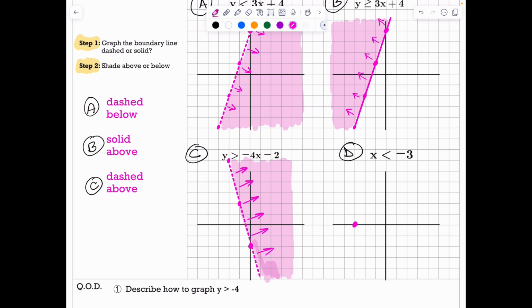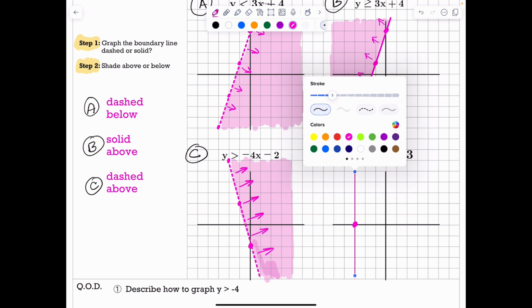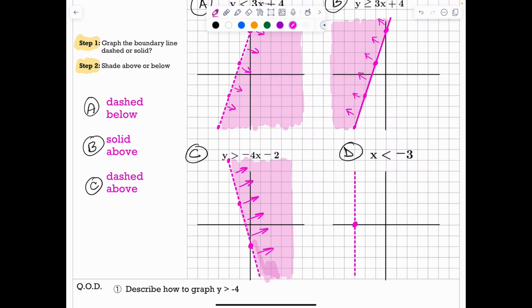Dashed or solid? Dashed. Right or left? Left. So I put in my line. I'm going to make this dashed. Dashed and to the left.